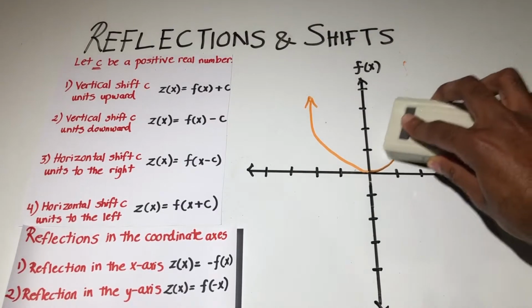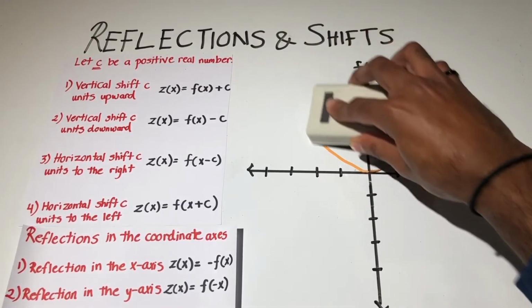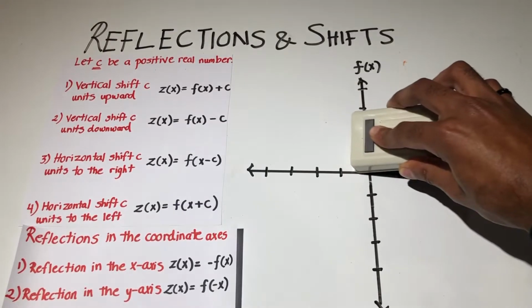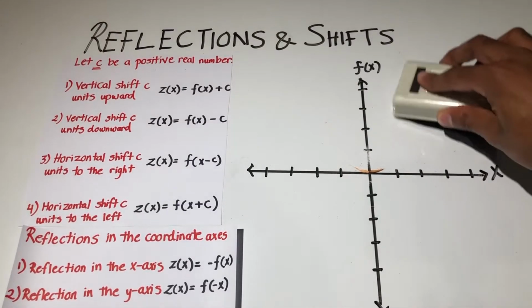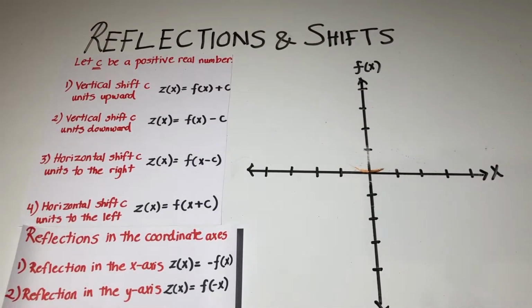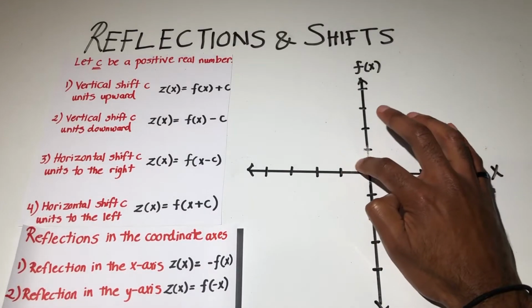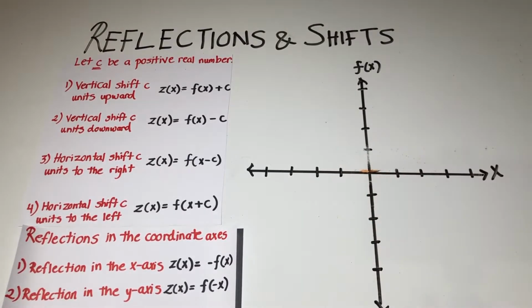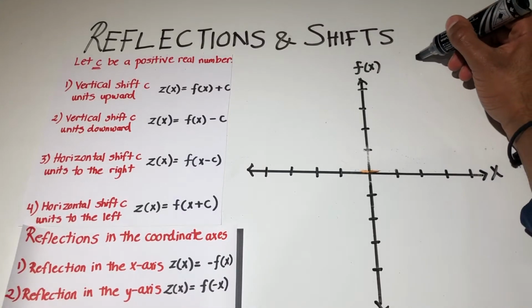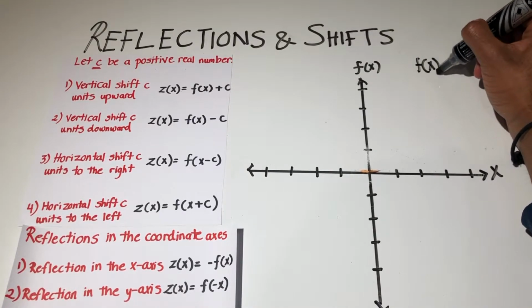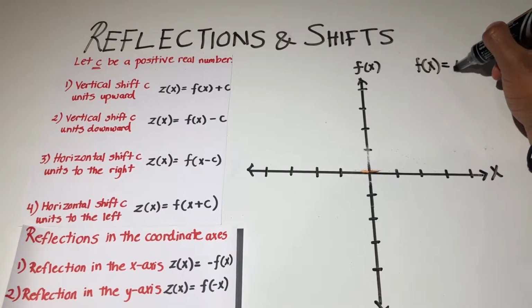So let me just erase this. Okay. Let's say we have f of x is equal to x cubed.